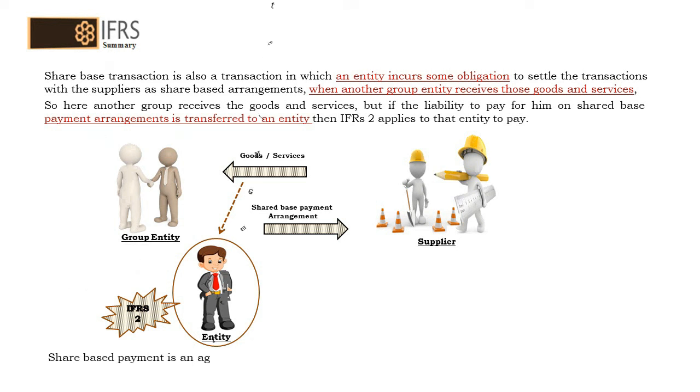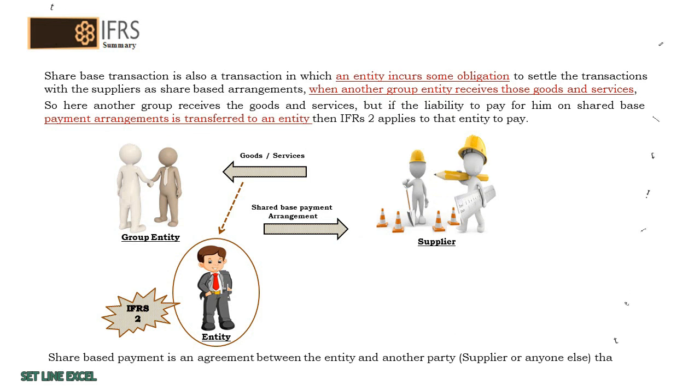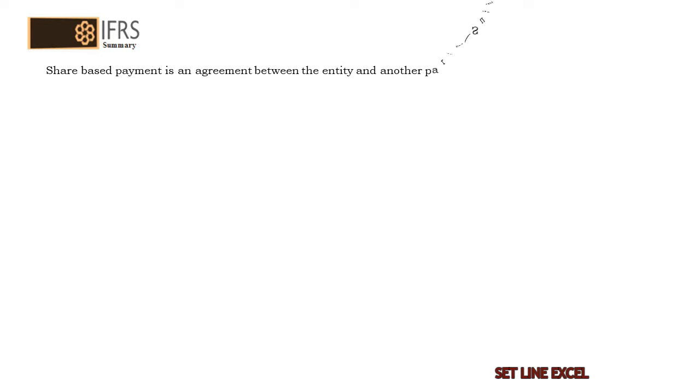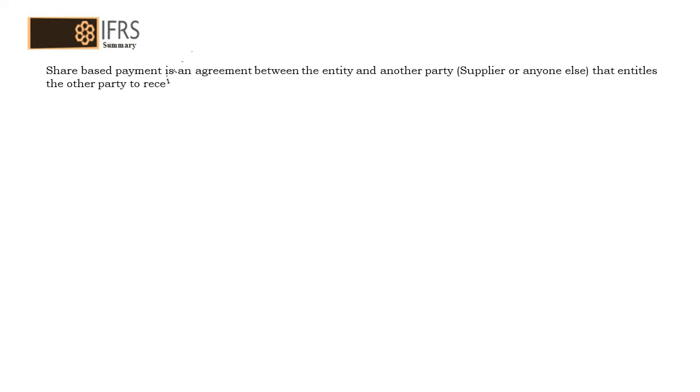Share-based payment is an agreement between the entity and another party, supplier or anyone else, that entitles the other party to receive the payment or settle the transaction by any means.